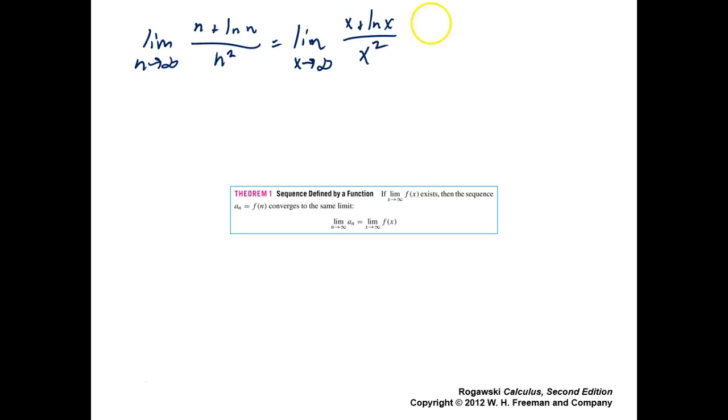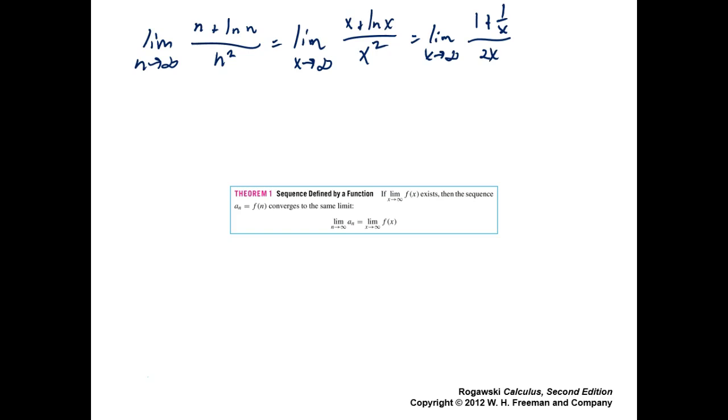So let's take the derivative of the numerator. What's the derivative of the numerator? The derivative of x would be 1, plus 1 over x, over 2x. Exactly. Now let's let x go to infinity.